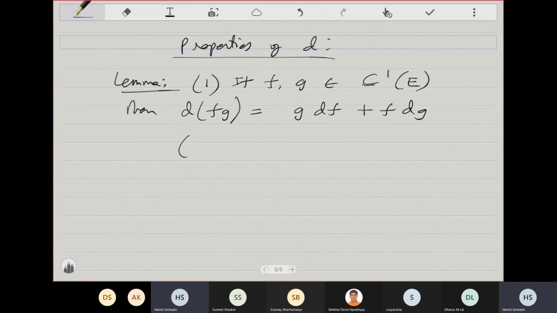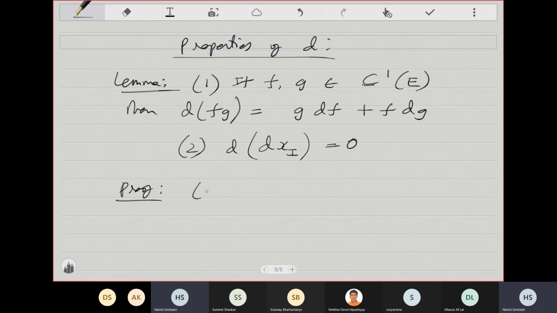The second thing is, if I take this basic form dxi, then do d to that, I get 0. So the proof is quite trivial.